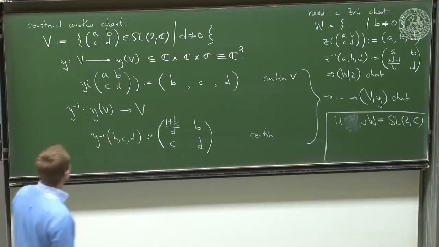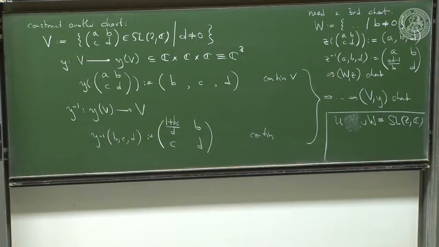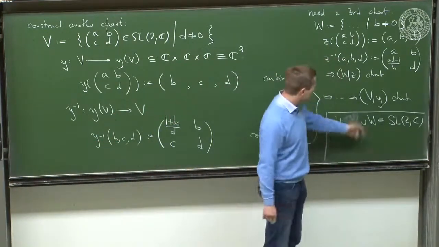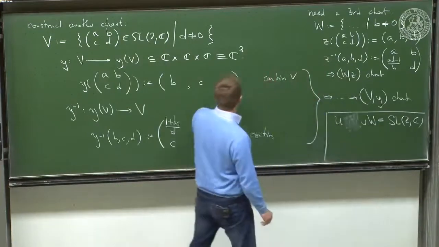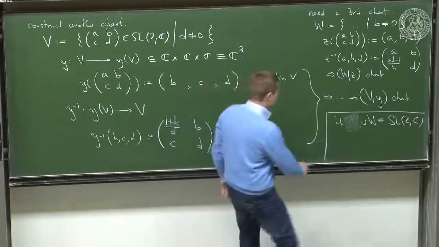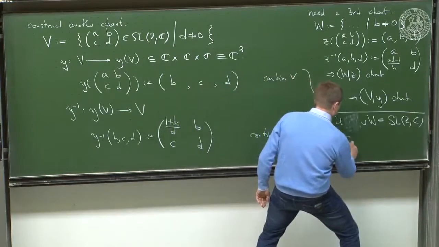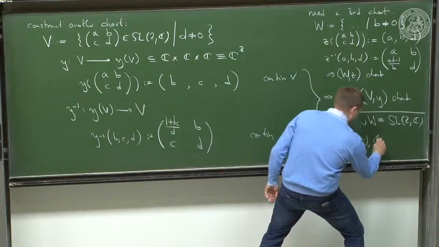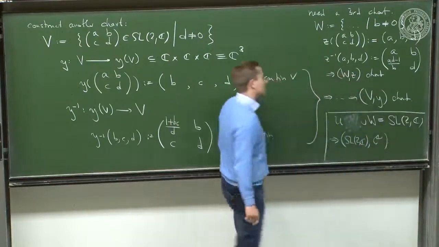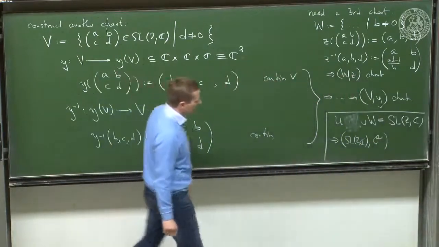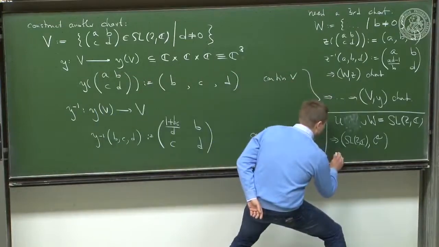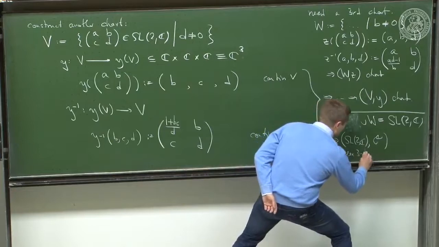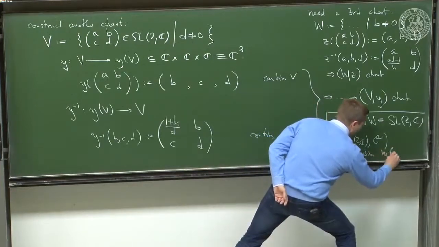And they're all homeomorphisms. That also means that about every point of this, I have a homeomorphism into some C^3. And from that, it immediately follows that SL2C, with the already defined topology, is a complex three-dimensional manifold.